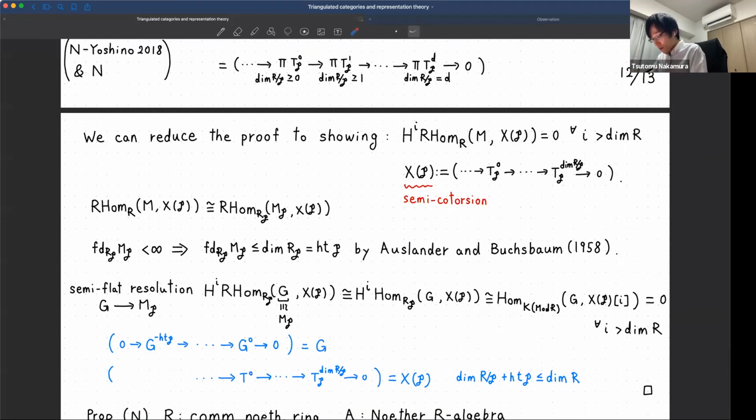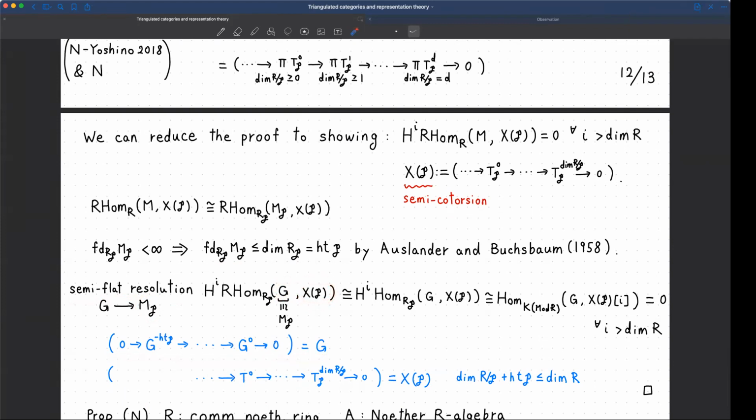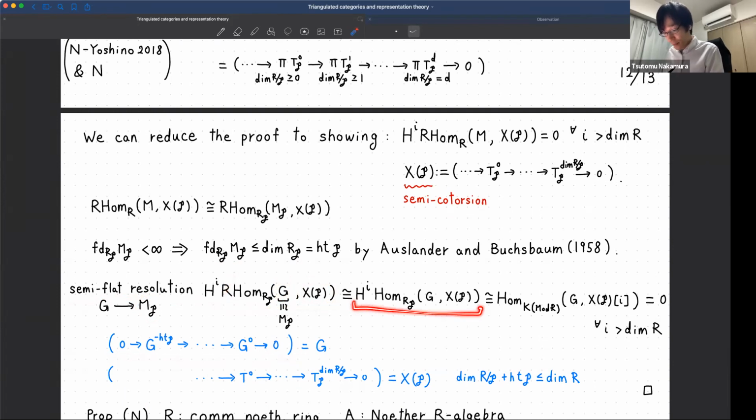Anyway, once we know this inequality, then taking a semi-flat resolution G of M_p over R_p, we do have a resolution of this one. And since G is semi-flat, and since X_p is semi-cotorsion, as mentioned before, we may remove R. So this cohomology is isomorphic to this cohomology, and it is well known that this is isomorphic to the Hom set in the homotopy category.